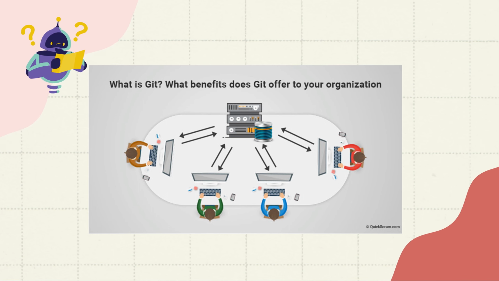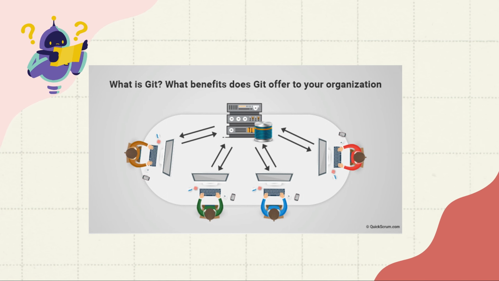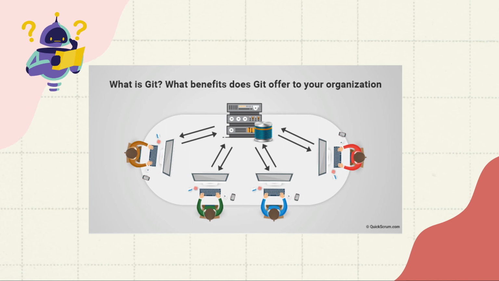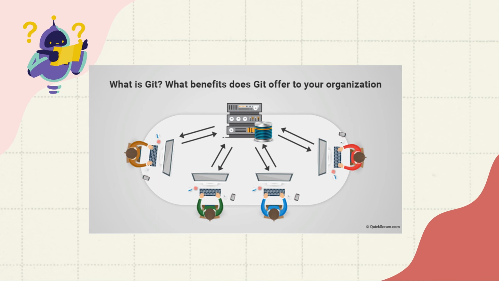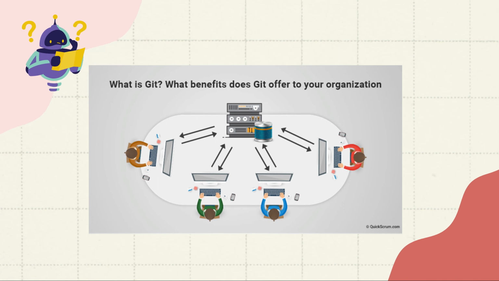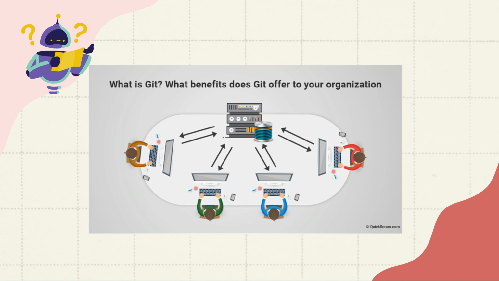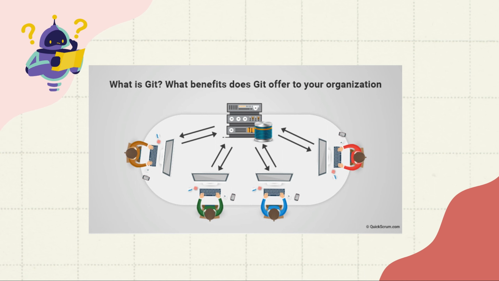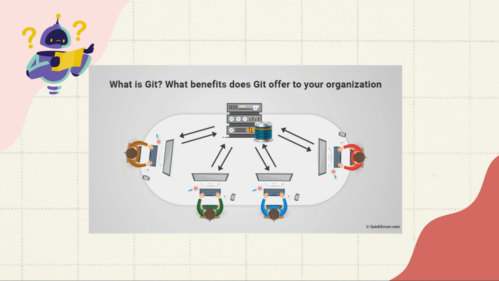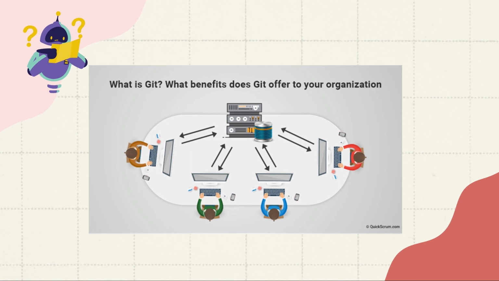So what is a version control system? A version control system helps a software team manage changes to source code over time. It always keeps track of the changes and modifications you make to your source code.